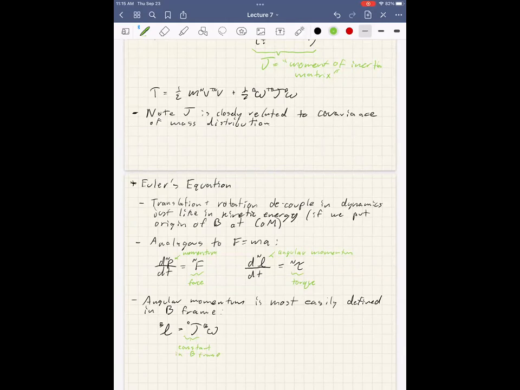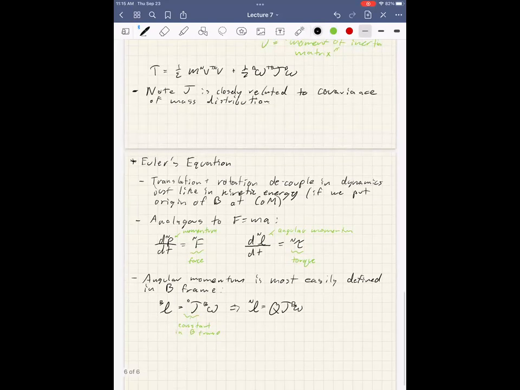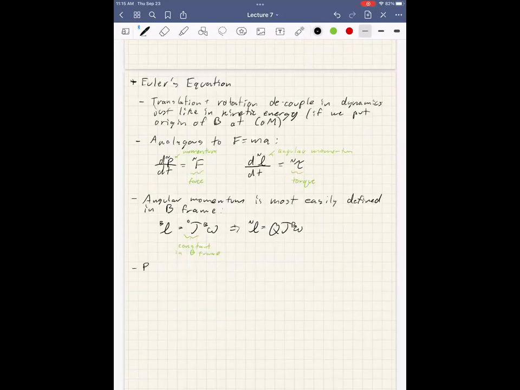So if I rotate that into the inertial frame now to plug it in here, L in the N frame is just, I just stick a Q in front of it, right? And now I can plug that back in and just take a time derivative of it. So dL_N/dt is equal to d/dt of the thing I just wrote.